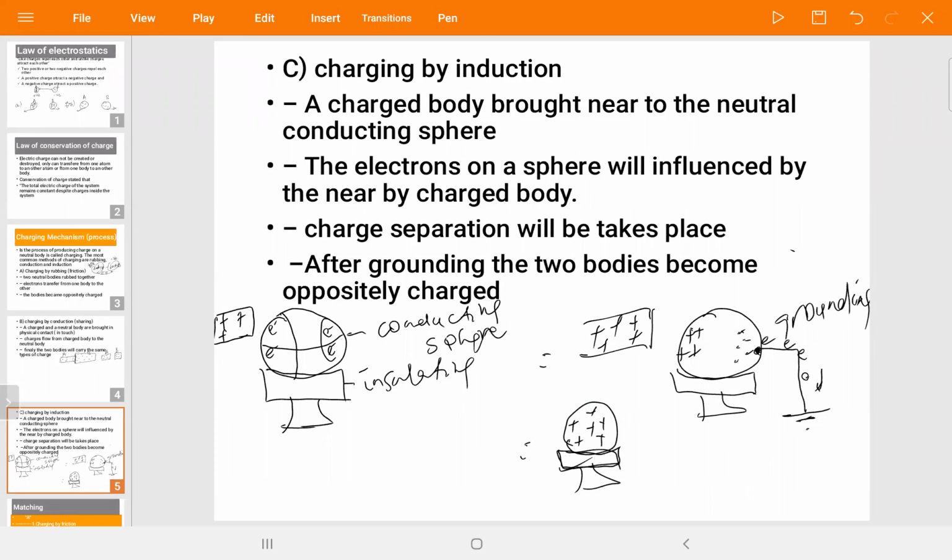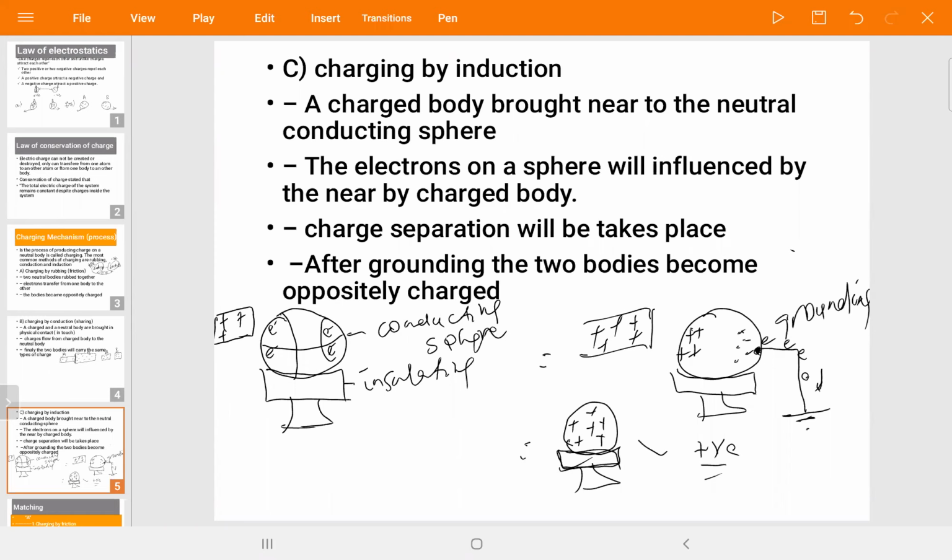Initially there will be more charges on the left side. Then after the positive rod has been withdrawn, charge will redistribute, and after being evenly redistributed, the sphere becomes positively charged. Finally, we have produced a positively charged sphere.